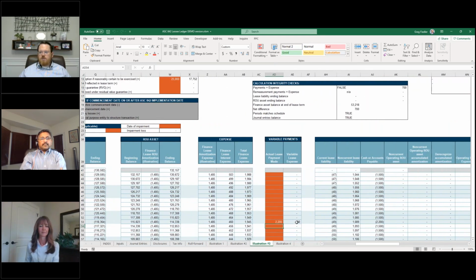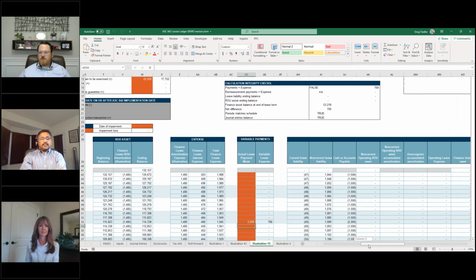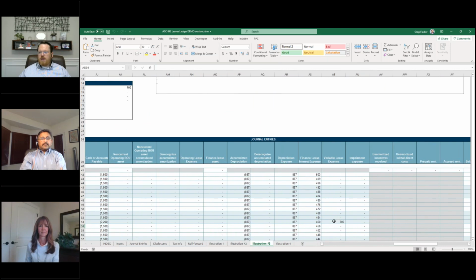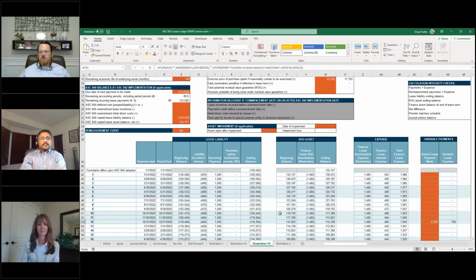This is going to determine that that $700 excess is a variable lease expense, and we'll include that in our journal entry as variable lease expense. So that's an important functionality of whether you develop something or look for a solution, that you're able to continue your accounting after the initial measurement, that it's an ongoing process.